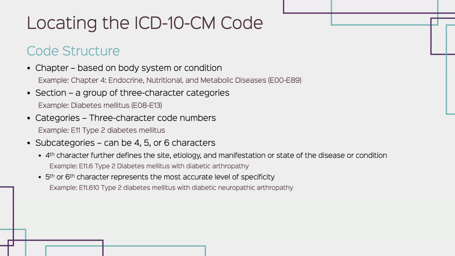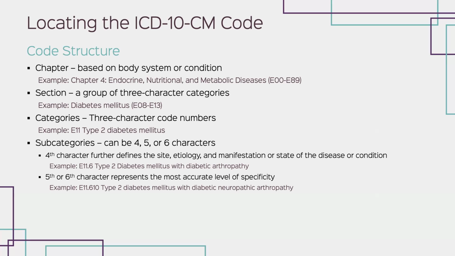Your codes can be as short as 3 characters, or they can be as long as 7. So if you have a chapter of codes, for example your chapter 4, it's going to be based on your body system or your condition.